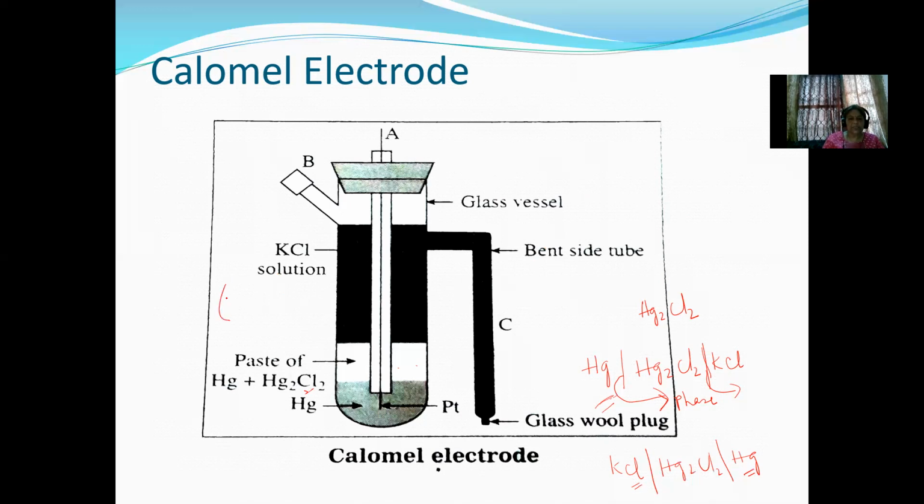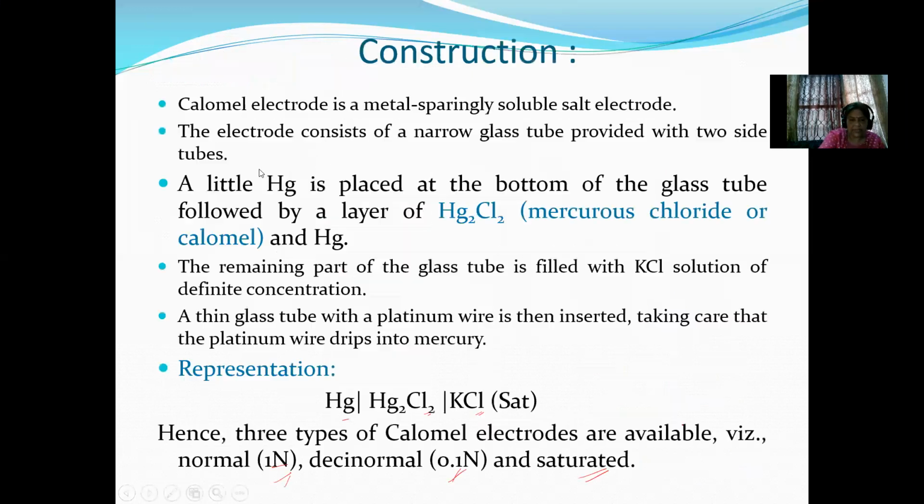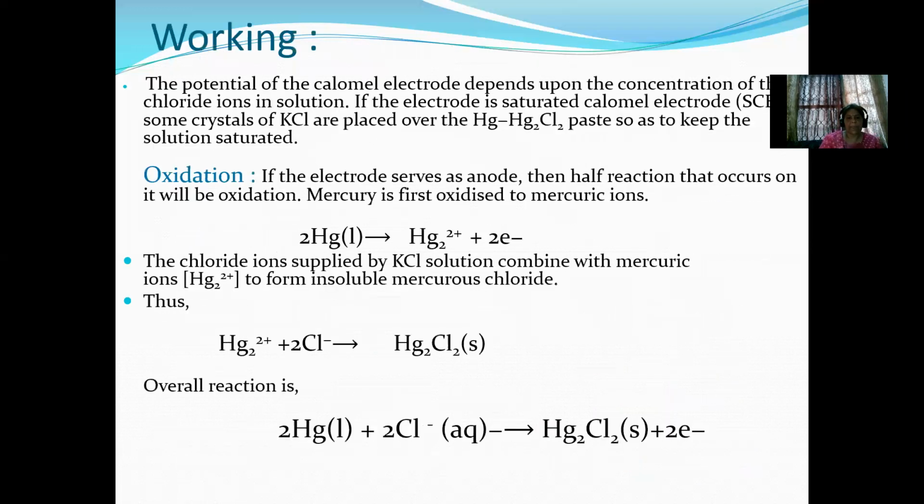Whether the KCl solution is 0.1 normal, or 1 normal, or a saturated solution. So you will have to mention that also, right? If you know it, then better, or otherwise you'll have to get the data about which kind of Calomel electrode you are using for your experiment. So three kinds of Calomel electrodes are available.